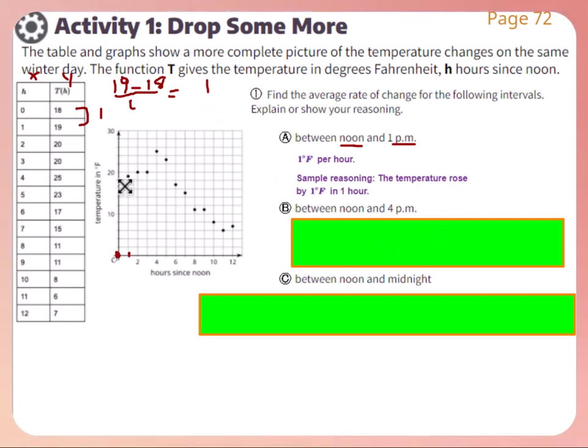Also, you can see from the graph it's going up between noon and 4 p.m. So we're going to go from 0 to 4. Okay, so find the rate of change. Let me erase this here. Noon is going to be our starting point, so that's 0 to 4. So 18 minus 25 over 0 minus 4.